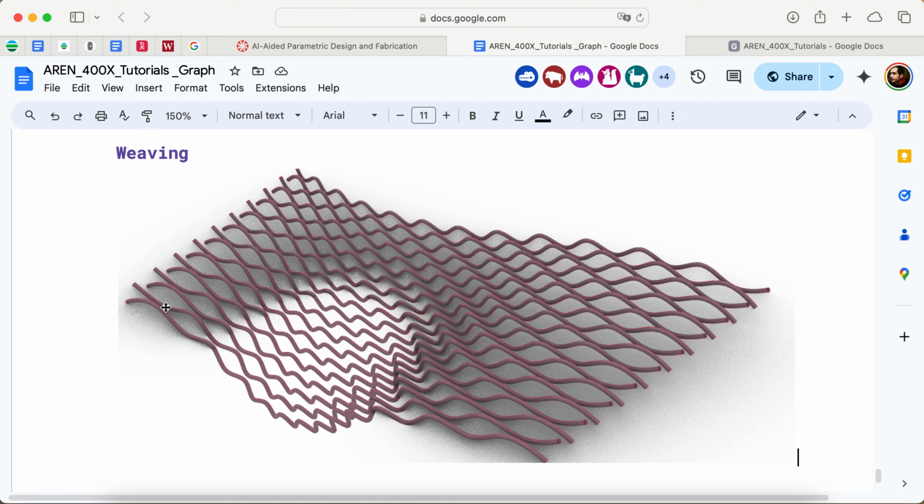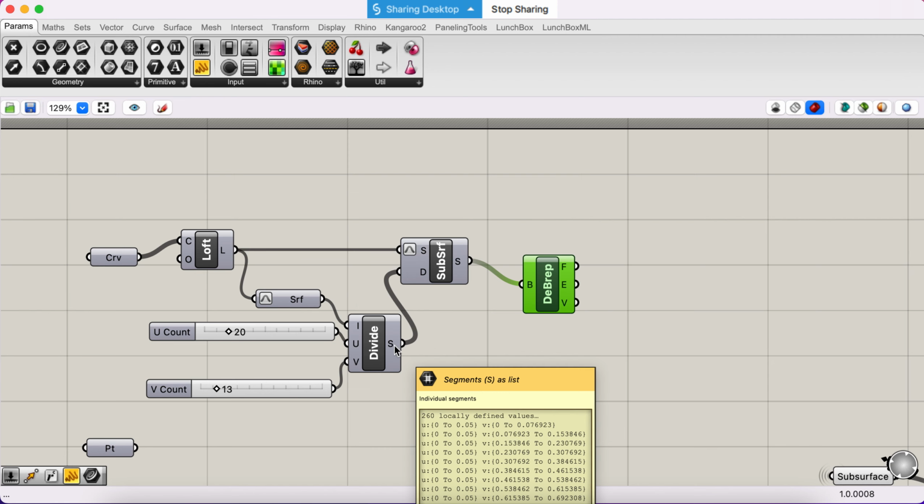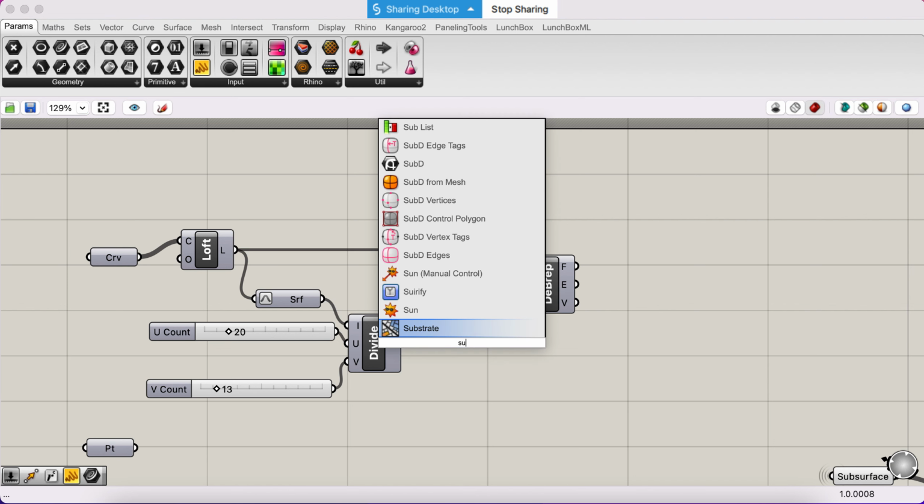We're trying to create these pipe, or weaving patterns, alongside the surface that we have. So what I would do is go back to Grasshopper. I have my surfaces, and I'm going to use the Surface Divide.